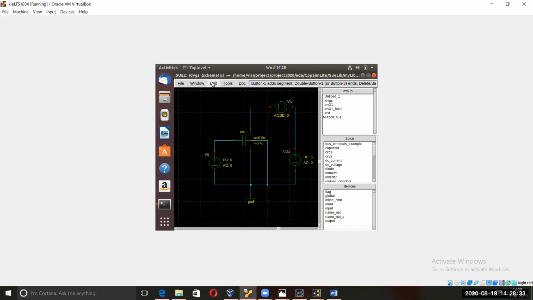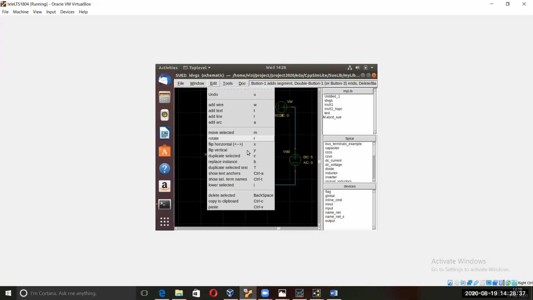In this one there is an edit option. Just click on that. You can see how exactly you are going to play with the schematic. Like I have joined the wires here. How did I do it? There is a thing called add wire, which is W. If you press W on your keys and then drag, you will be able to form wires. The red things are the nodes.